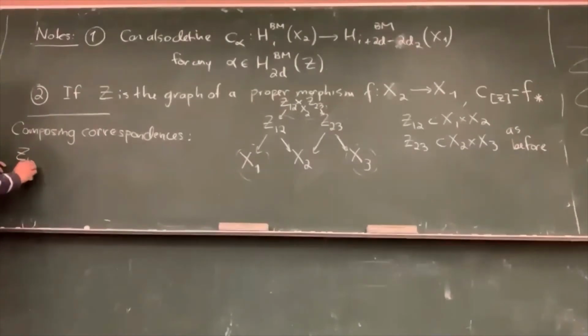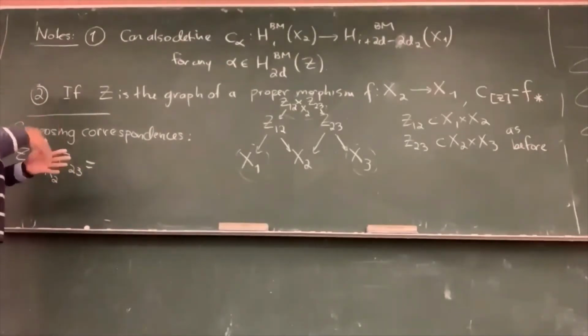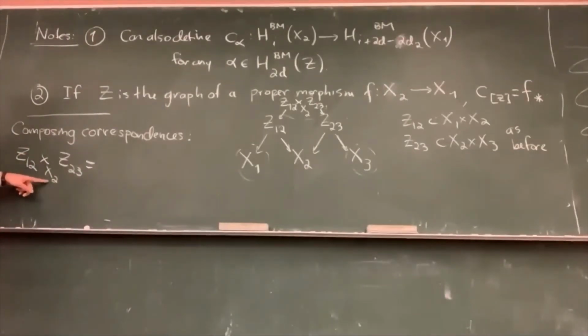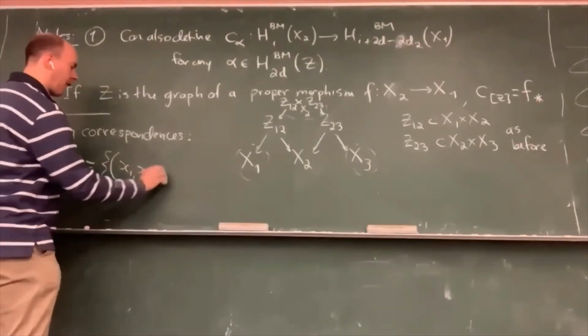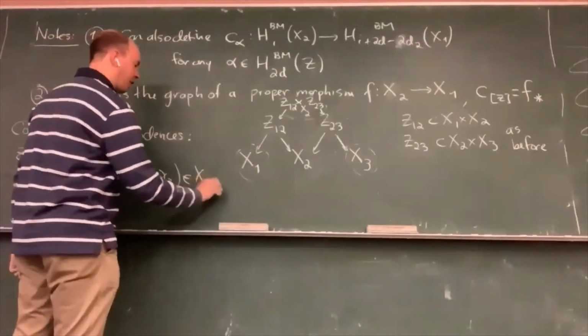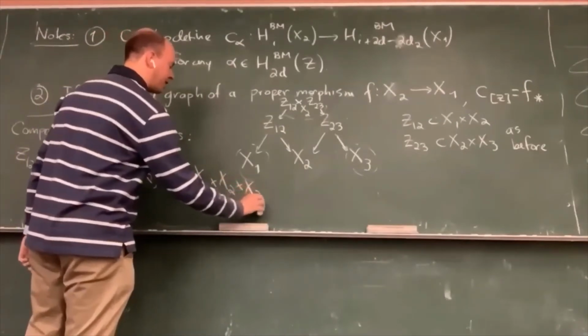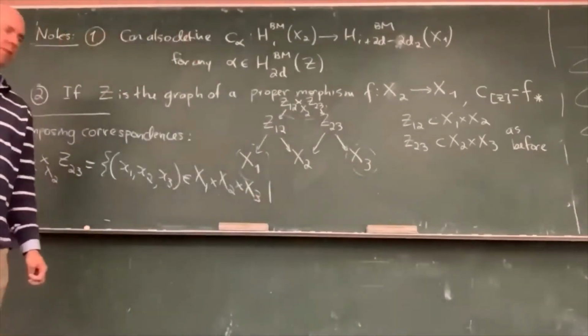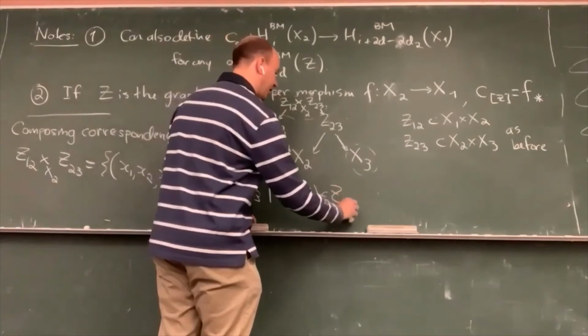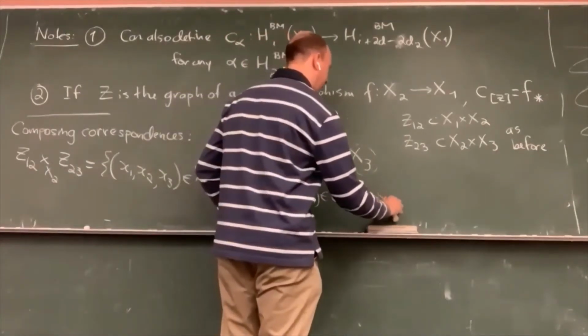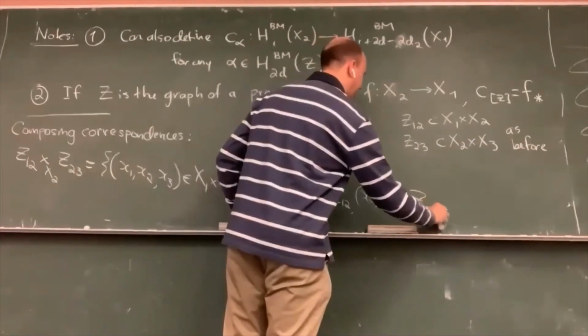This fibre product starts off being a subset of x1 cross x2 cross x2 cross x3, but the fact that it's a fibre product over x2 means that you can identify the middle x2 components and just think of it as a collection of triples in x1 cross x2 cross x3, namely the ones satisfying the condition that x1 comma x2 lies in Z12 and x2 comma x3 lies in Z23.